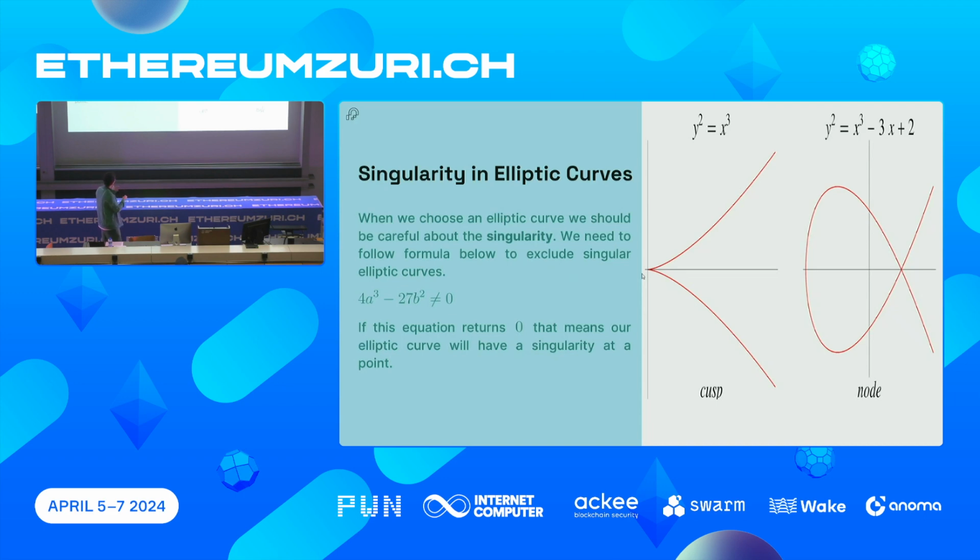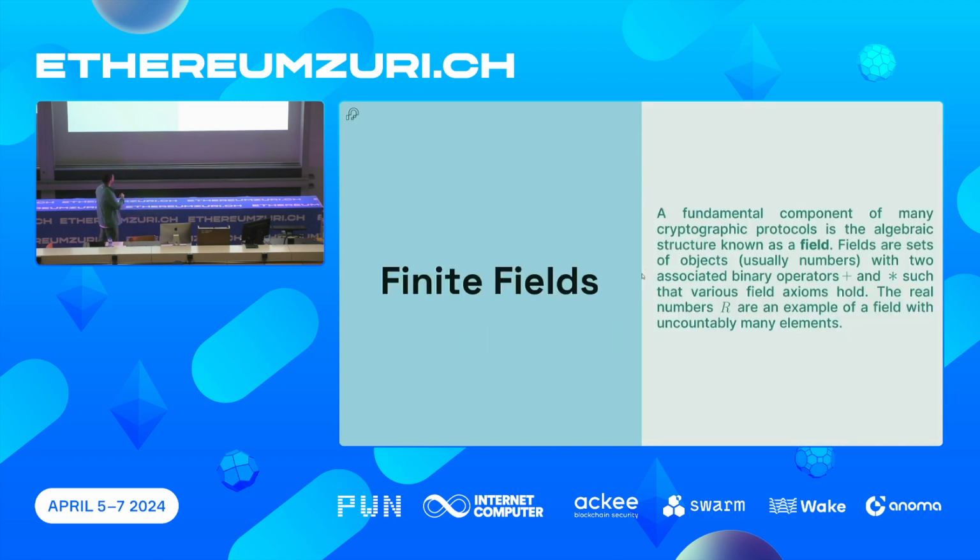And after elliptic curves, we can talk about what a field is. A field is very important, because we are constructing our elliptic curve over finite fields. So a finite field is also a very fundamental component that we use in cryptography. It has two binary operators, addition and multiplication.